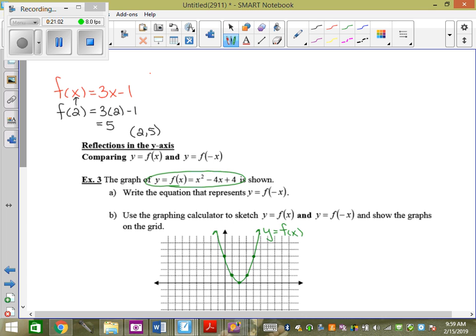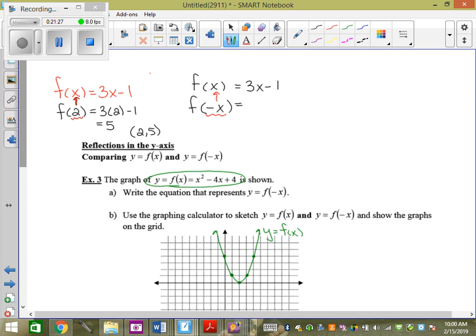Okay. Now instead of f of 2, say I tell you f of negative x. That's the original equation here. So you guys told me 2 was in the spot of x, so I replace all the x's with 2. We agree? Now what's in the spot of x? Negative x.